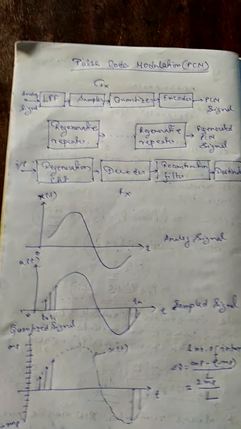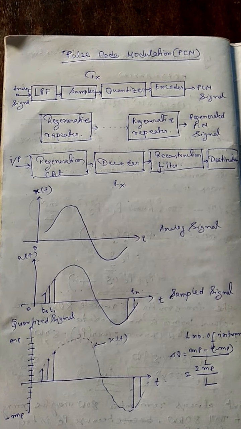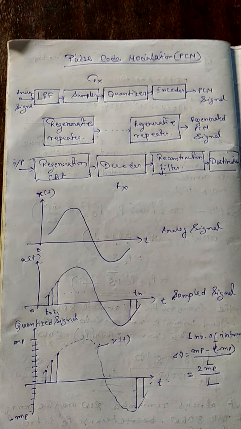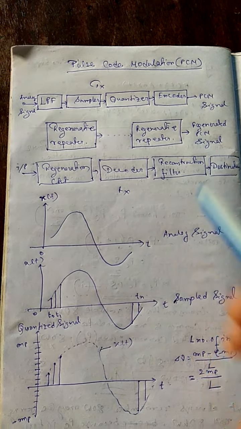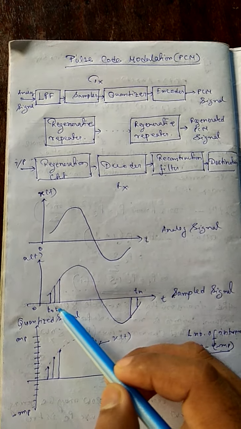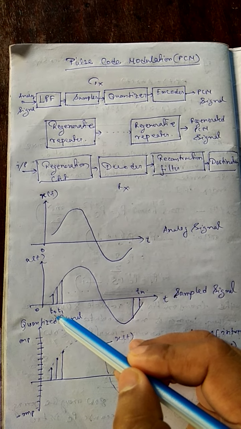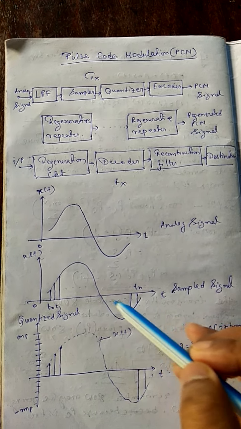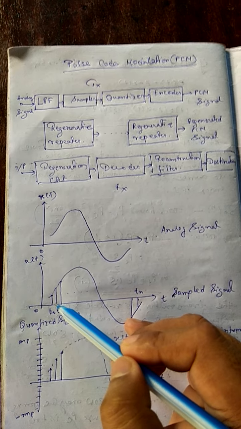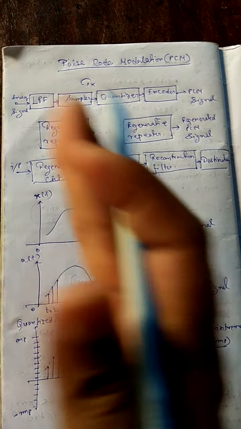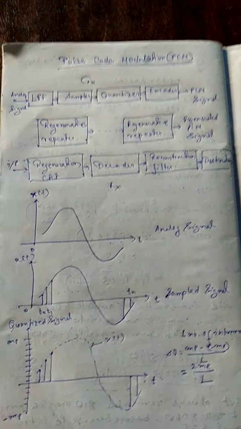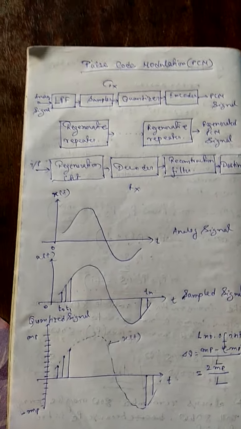As I said before, sampling is a process by which a signal is chopped along the x-axis. This is the x-axis t, with intervals t0, t1, up to tn. We chop the signal at each of those positions. That is the sampling process.